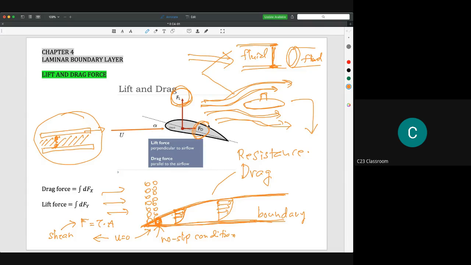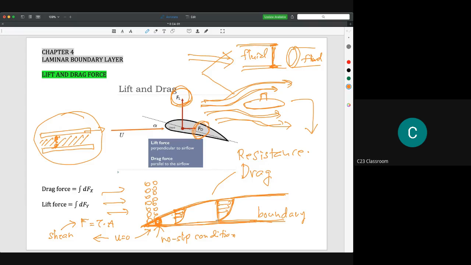Okay. So then I shortcut the explanation here. If you still remember, to solve the boundary layer, we need to know the velocity distribution inside the boundary layer. That's why in chapters 1, 2, and 3, we explained how to get the velocity distribution.